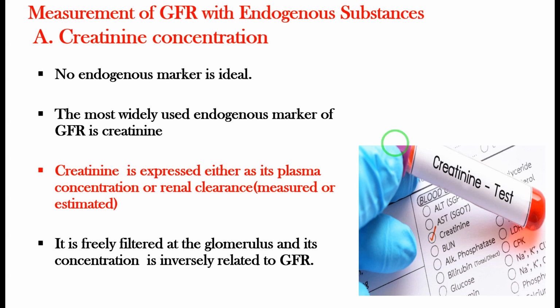So we can measure its concentration in the blood and its concentration in the urine and the volume of the urine, and then we apply the equation that is mentioned in the previous slides, and then the GFR can be calculated. So till now we determined two substances that can be used as a measure of the GFR. The first one is the exogenous substance, which is the inulin, and the second one is endogenous, which is the creatinine.